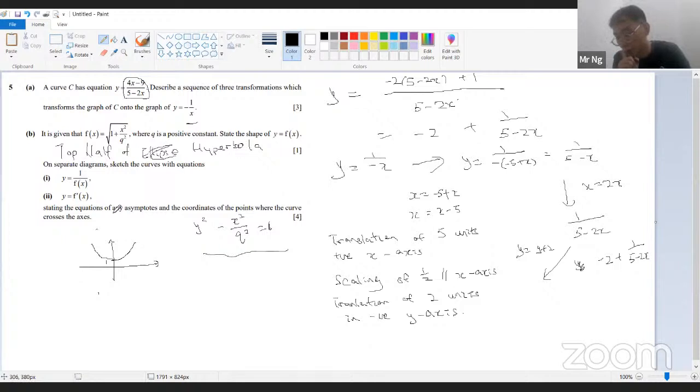That's all. So this is f(x), and 1 over f(x) will be equal to, oh yeah, need the asymptote. So there's an asymptote here, there's an asymptote, like this. Make sure you draw properly.